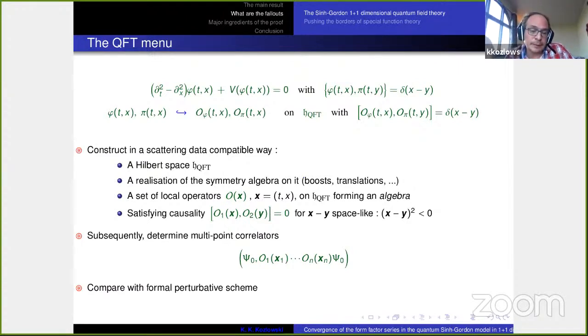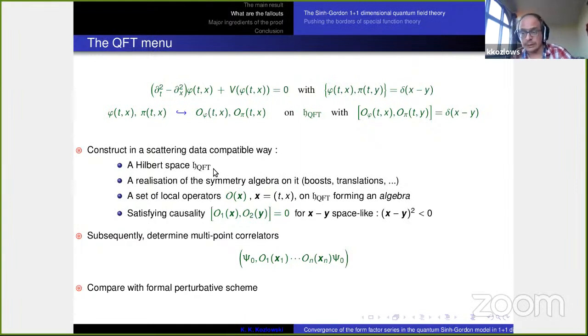And for this, one needs first to propose a Hilbert space on which one will realize the quantum operators, then to realize all the symmetry operations you want to have in your theory on this Hilbert space, and then construct the physically interesting local operators on this Hilbert space, in such a way that these can form an algebra, so you can give appropriate sense, in particular, to the multiplication, even though you would realize these operators as operator-valued distributions in the space-time coordinates.